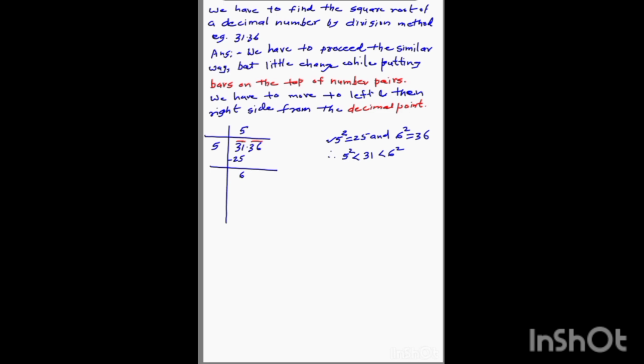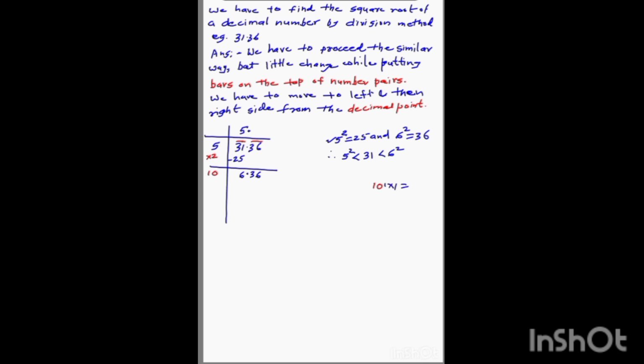36. Now for this, put a decimal point after the 5. Now multiply this 5 by 2, and you get 10. Come to the right hand side, write 10 and the first digit 1, that is 101 into 1.